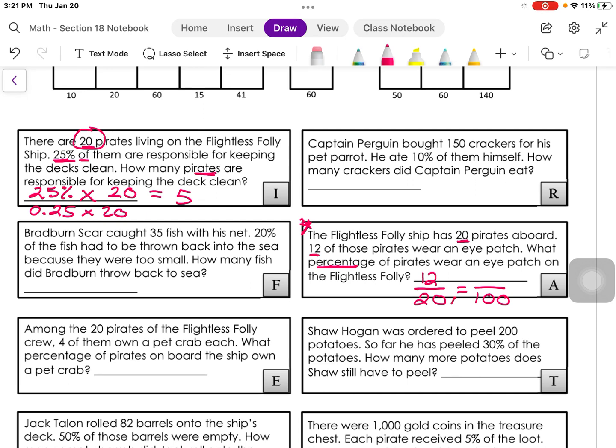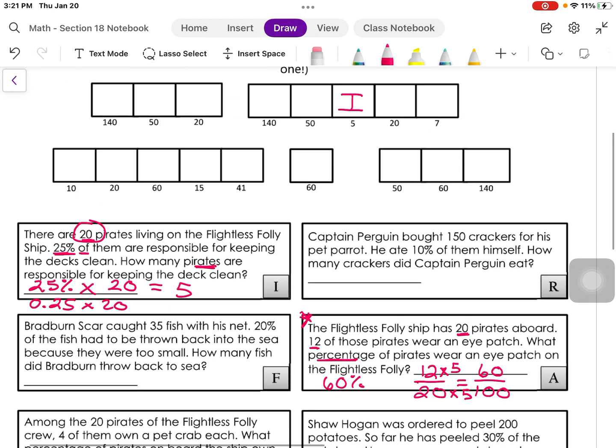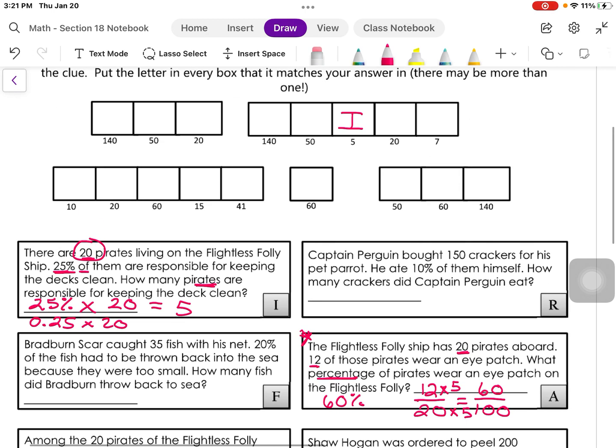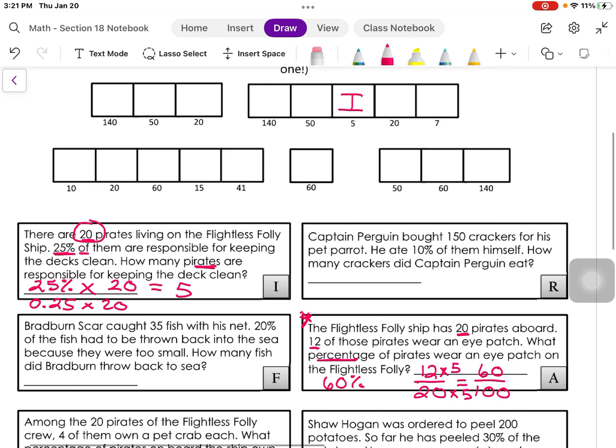So 20 times what gives me 100? 20 times 5 does. So that means I'm going to take 12 times 5, and I'm going to end up with 60. So that means 60% of pirates wear an eye patch. Up here in my clue, I only see the number 60. I don't see 60%. So that works. That's what I'll use, and that's where I'll put the letter A.